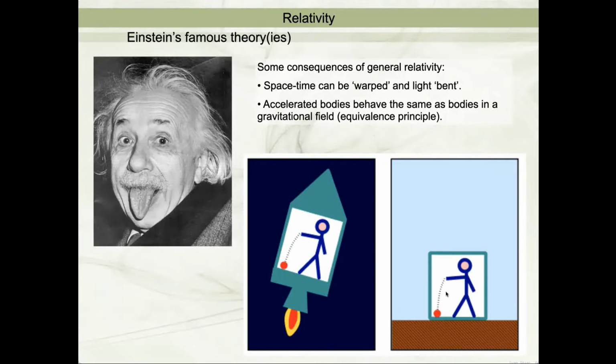So you could have the same astronaut right there on the ground in that same sort of box, and nothing would be different. So gravity and acceleration are the same according to Einstein, except that in one case it's caused by the motion of a body, whereas in the other case it's caused by the mass of a body acting on an object.